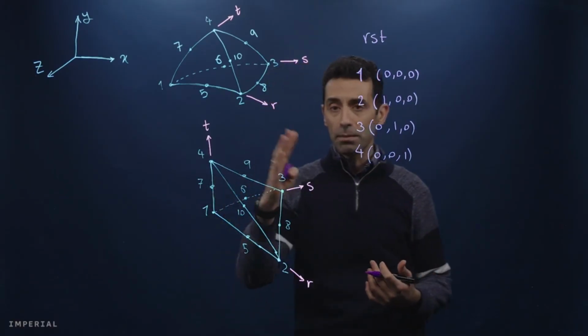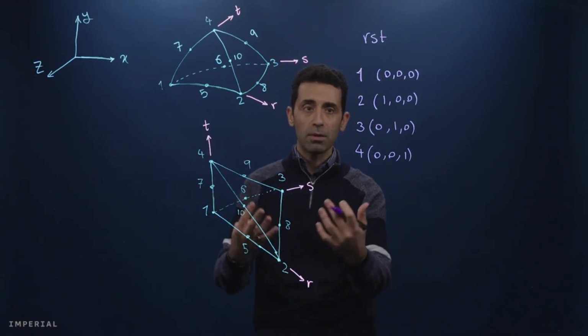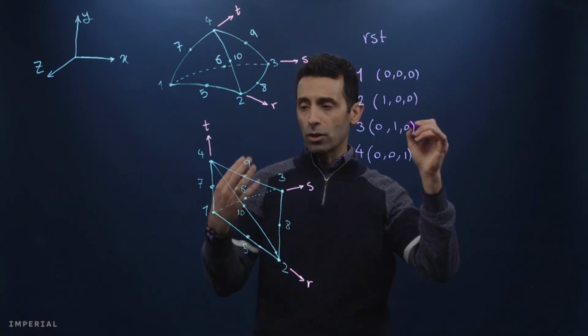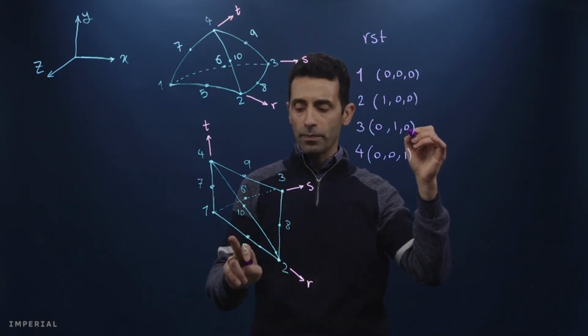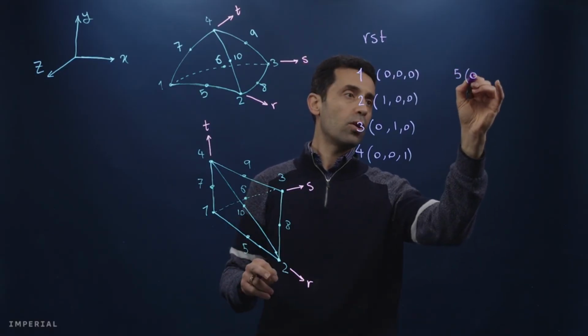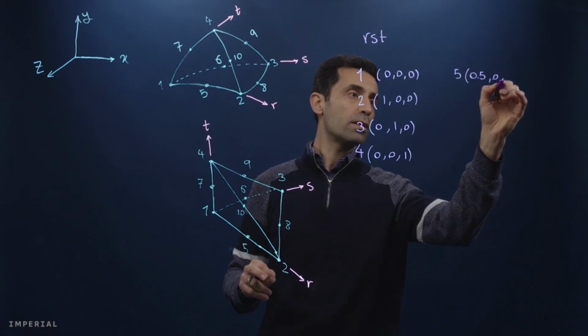And if we look at the mid-side nodes, again, similarly, we have quite a neat description of the coordinate of these nodes. Let's say node number 5. The coordinate of this is 0.5, 0, 0.